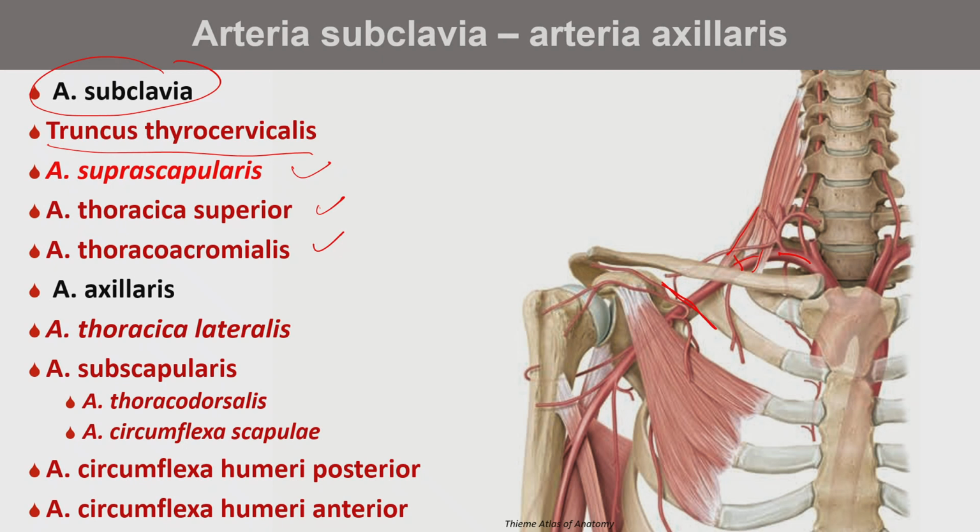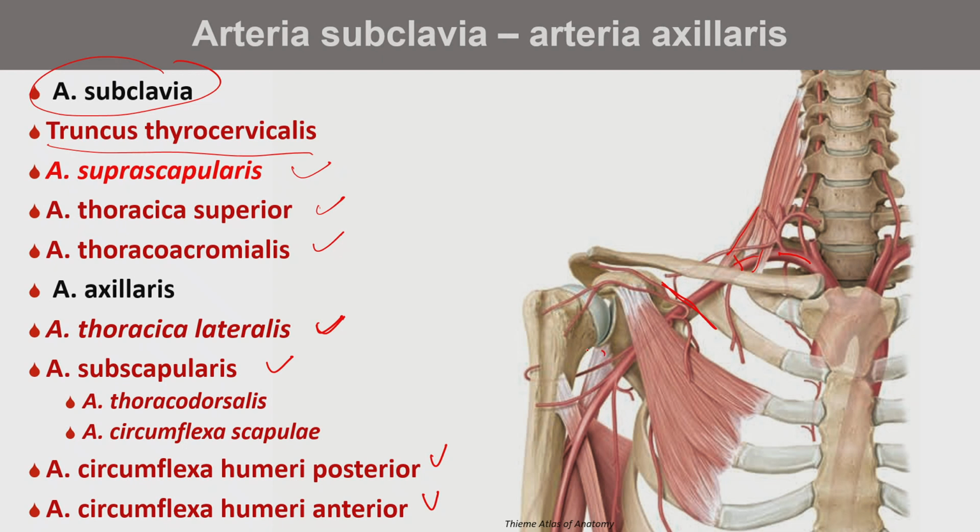And from the axillary artery, we could observe other important arteries which supply the structures around the shoulder girdle: the subscapular artery, the lateral thoracic artery, and also the circumflex arteries which go around the circumference of the proximal humerus, the humeral circumflex, anterior and posterior.